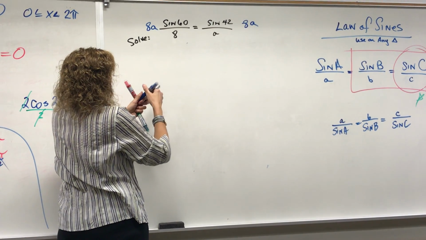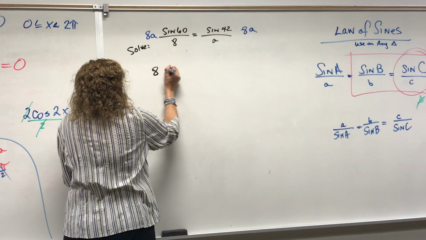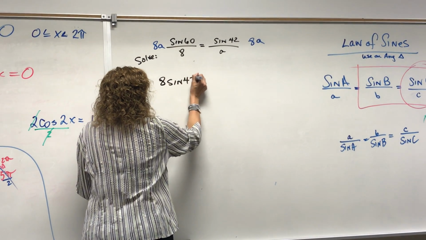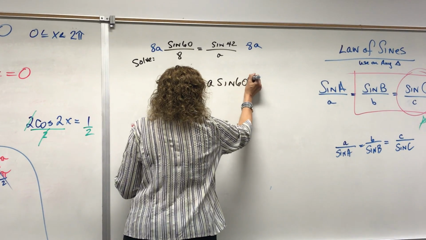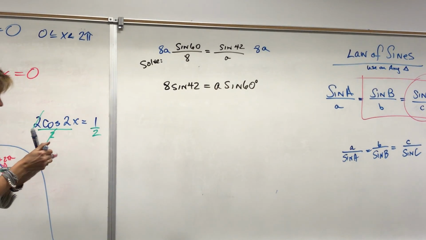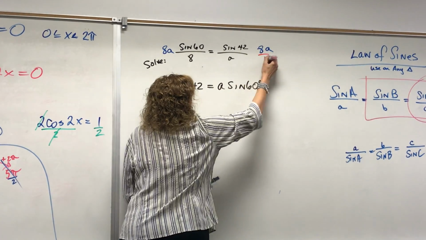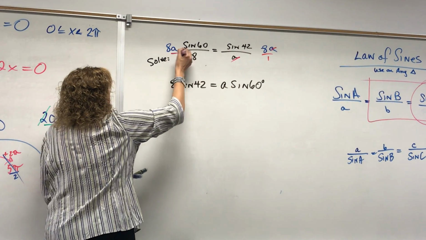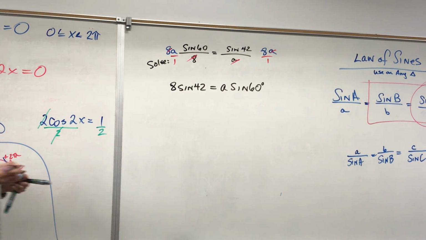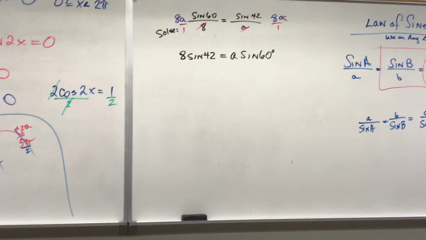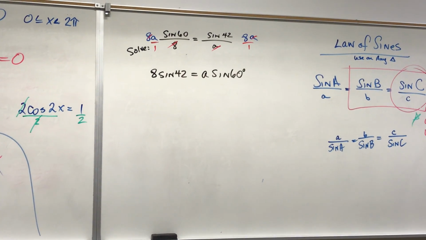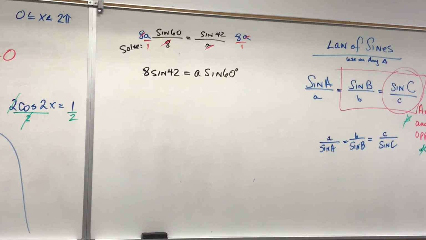So cross multiplying, we get 8 times the sine of 42 equals a times the sine of 60. I'm still trying to solve for a. So what are we going to get when we solve for a?